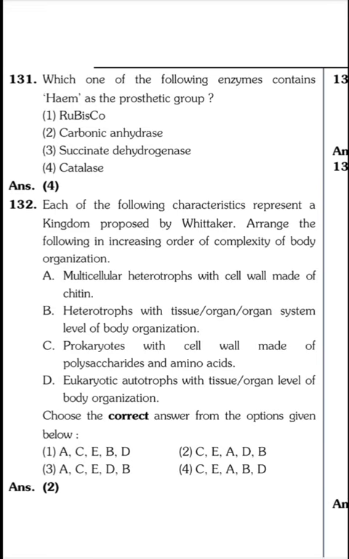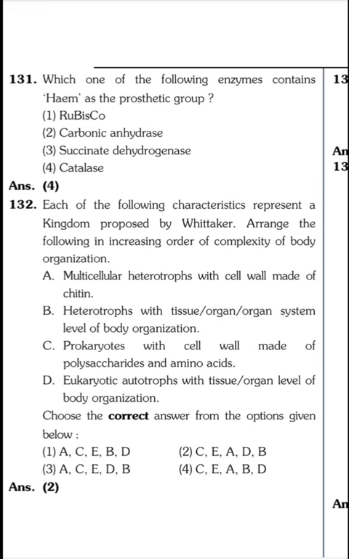The eukaryotic autotrophs, that is plants, it comes as. They have given only 4 choices, they have not given Protista. So you have to arrange it as Monera, fungi, plantae, animalia. So already I told you C is for Monera. Then I have to look for fungi, multicellular heterotrophs with cell wall made up of chitin, that is fungi. So CA.